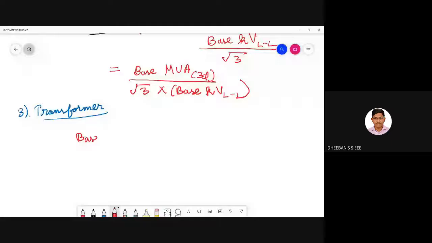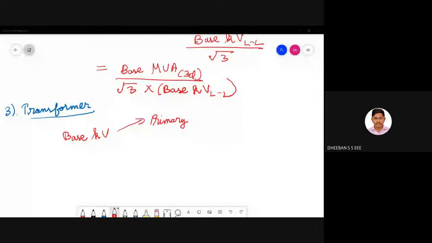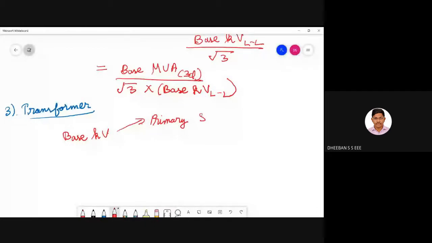In the transformer, as I said, there will be two conditions. The base kV will be represented either in your primary side or your secondary side.